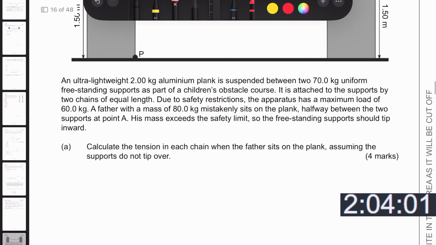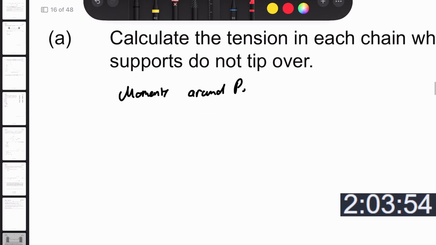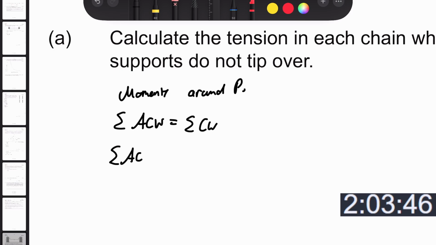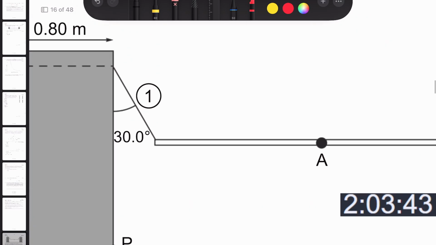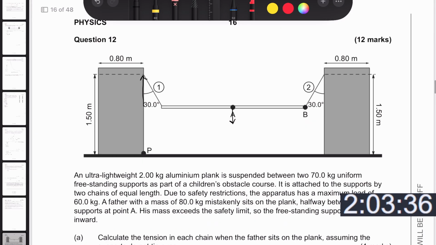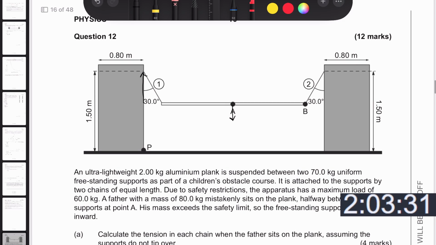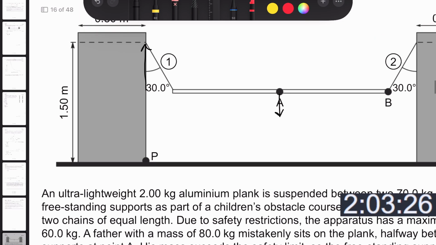The father sits on the plank. So I'll take moments around P. And let's see what I'm dealing with here. So sum of the anti-clockwise is going to equal sum of the clockwise. And the sum of the anti-clockwise is going to be, so I'm going to have a tension force coming up here. I'm going to have the force of the father. And an ultra lightweight 2 kilogram plank.